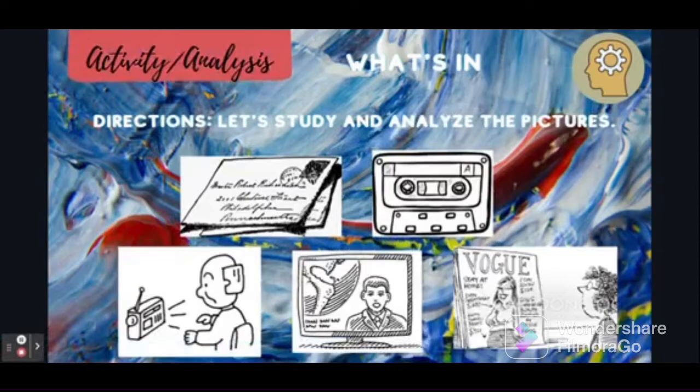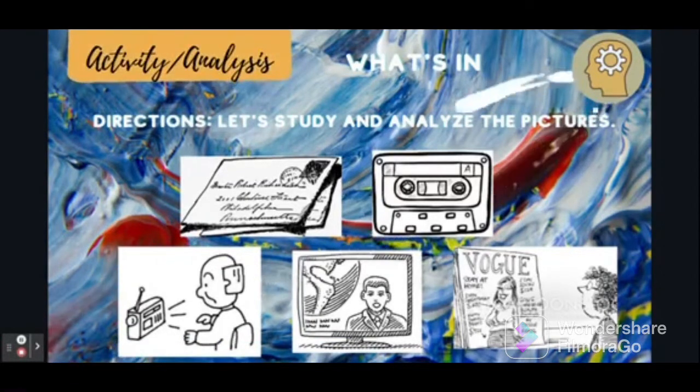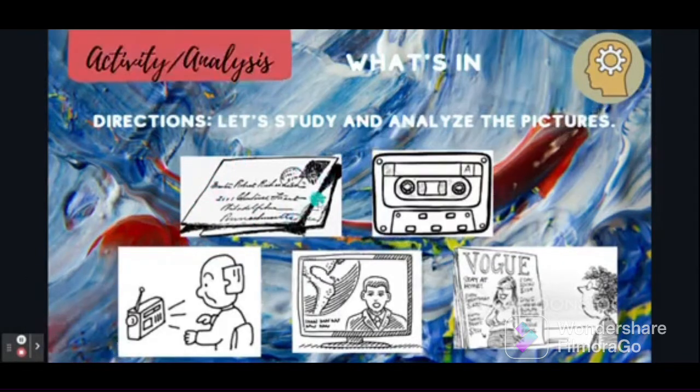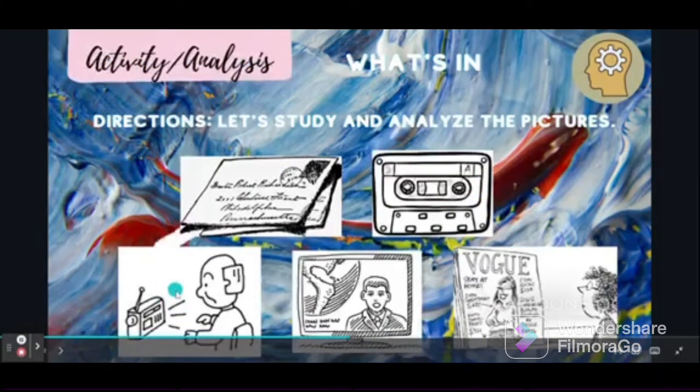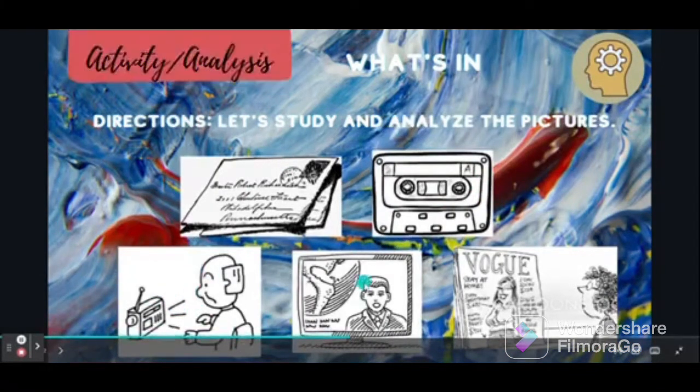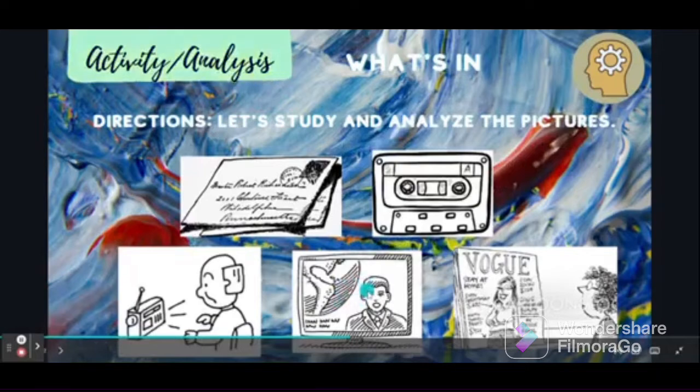Directions: Let's study and analyze the pictures. What are these images? How many can you name? And what purpose do they play in our daily lives? So we have here letters, a cassette tape, listening to a radio program, viewing and listening to a television program, and then selecting a magazine to read.